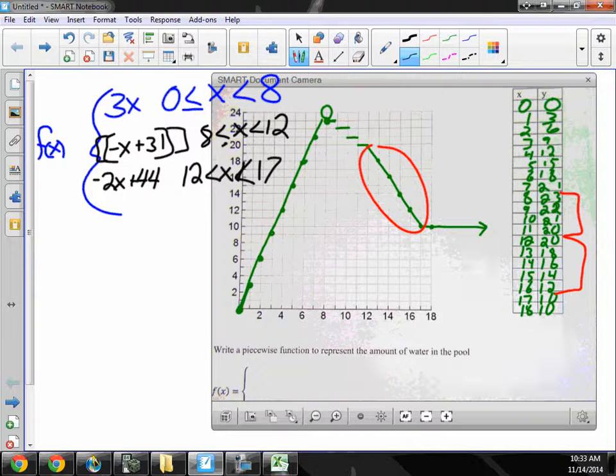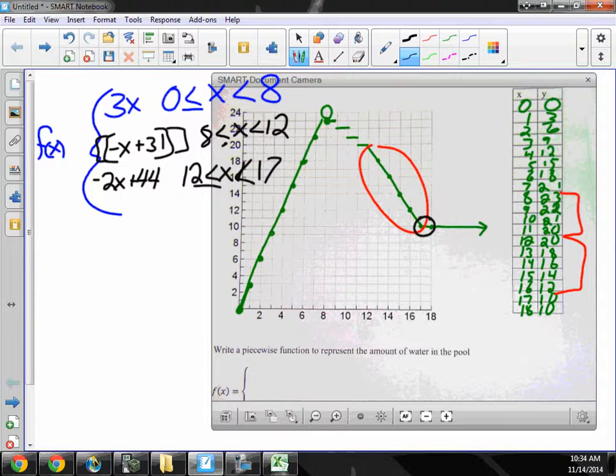Yes. Does 12 exist at 17? And this one's a little bit tricky. Don't those two graphs share the same point? They do. So which one do I give the equal to? And the answer is, it doesn't matter.